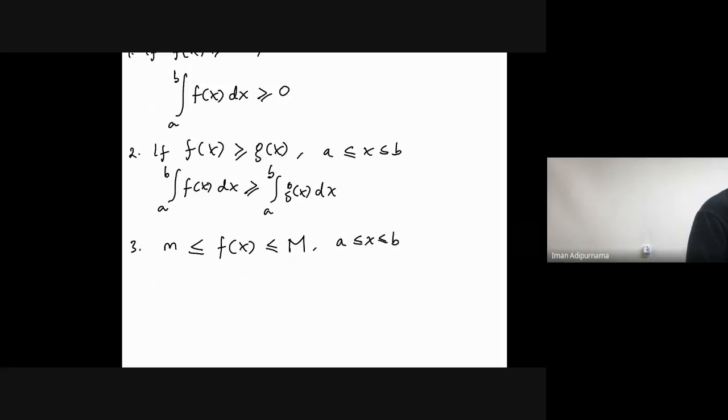We can write, because m and big M are constants, that the integral from a to b of f(x) dx is between m(b minus a) and M(b minus a), like that.